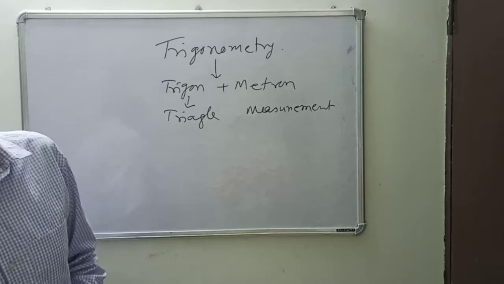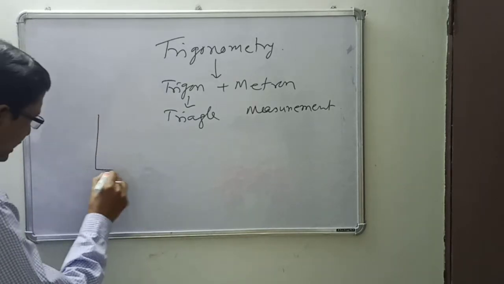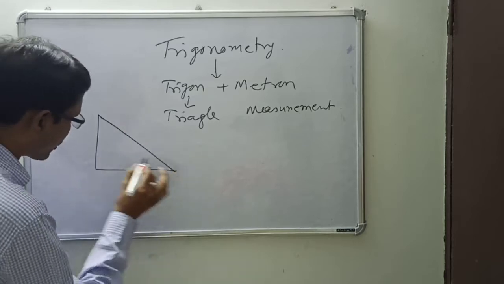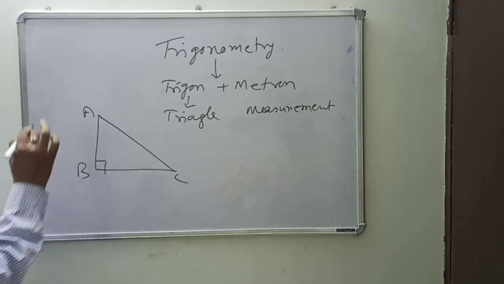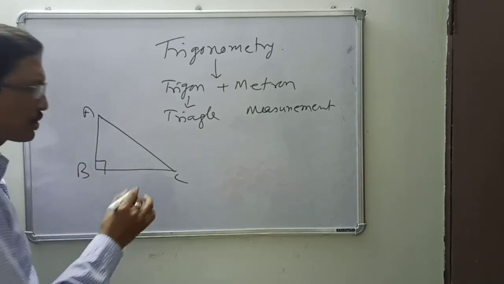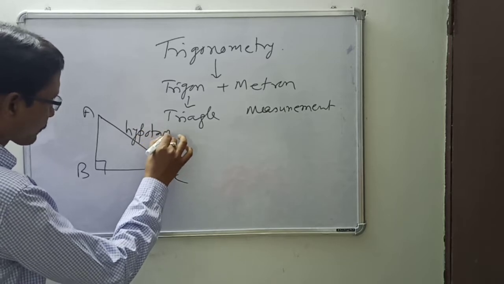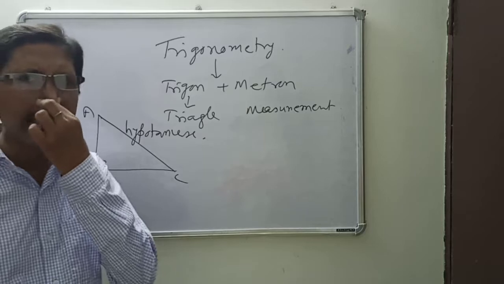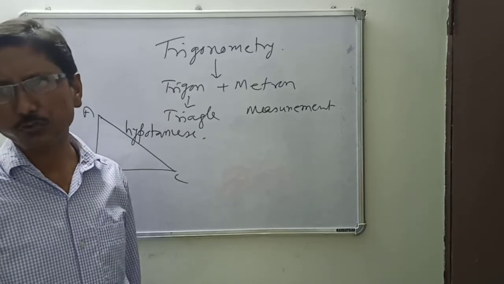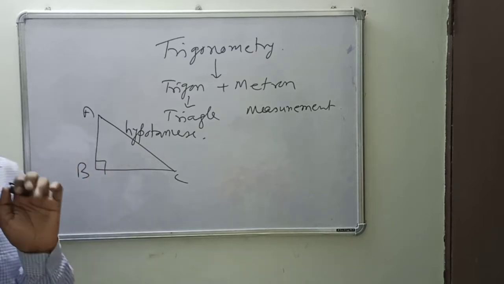In a right triangle, always remember, the side opposite to the 90 degree angle is the hypotenuse, and the other two sides are known as the base and perpendicular. So the three sides of a right triangle are hypotenuse, perpendicular and base.